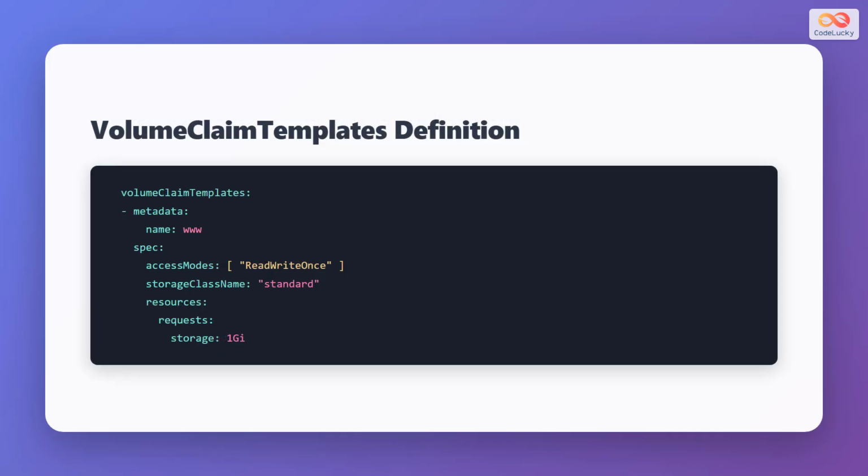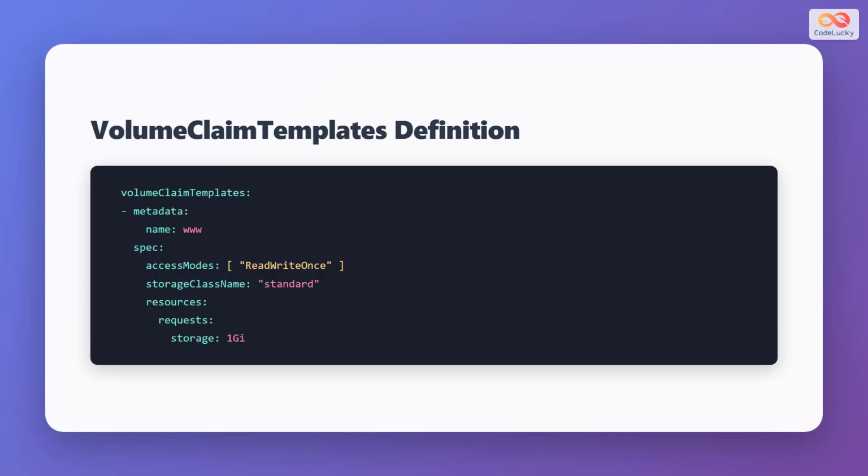Here's the volume claim templates section that completes our stateful set. Under volume claim templates, we define metadata with the name www, which matches the volume mount name we specified earlier. The spec section contains the storage configuration. Access modes is set to read-write once, meaning each volume can be mounted for reading and writing by a single node at a time.